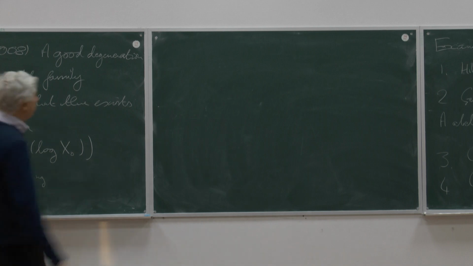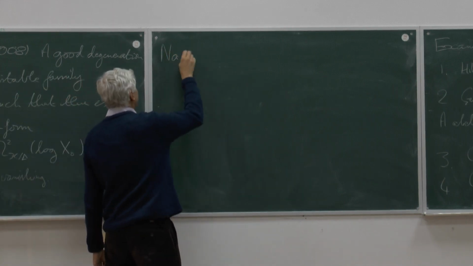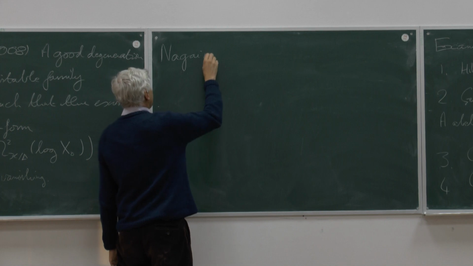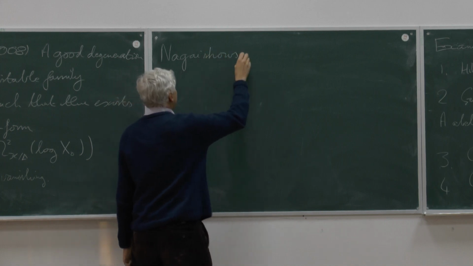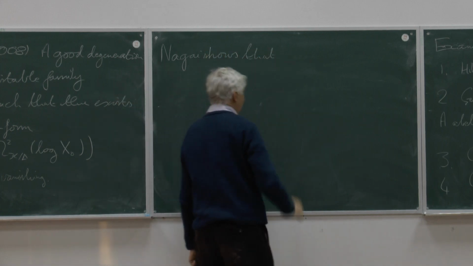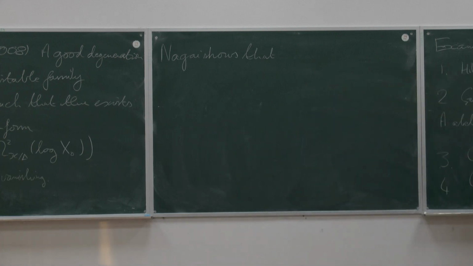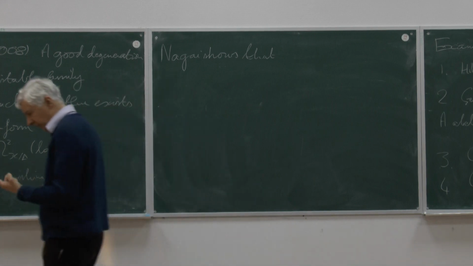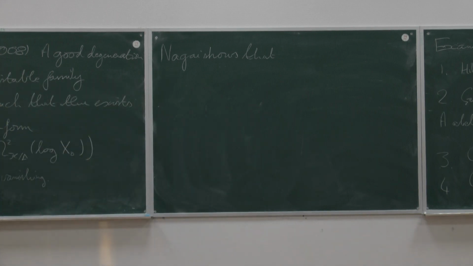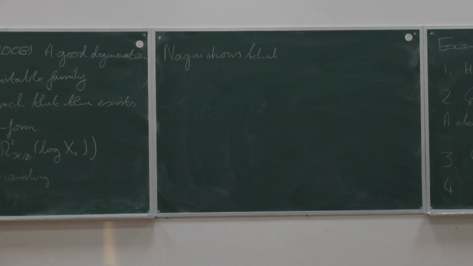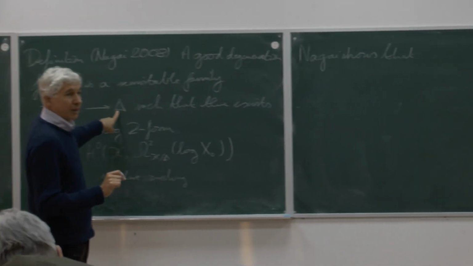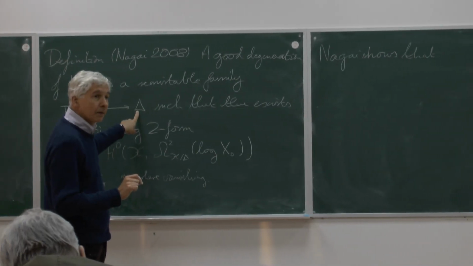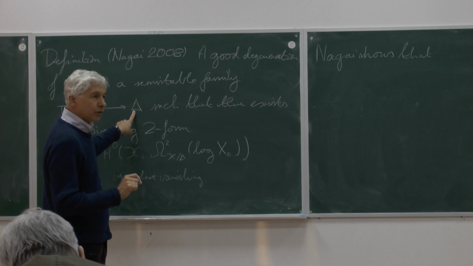So what Nagai proves is that he takes a degenerating family of K3 surfaces, a type 2 degeneration of K3 surfaces, and he looks at the relative Hilbert scheme of that. Now that's not semi-stable. And then you modify it, and you check that you can do it.